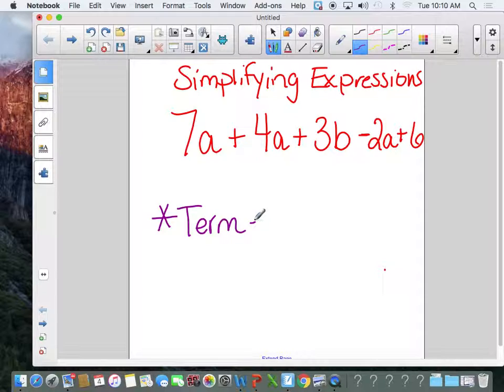Who can tell me what I just said a term was? Luke? It has an addition sign or subtraction. Okay, something that has an addition sign or a subtraction sign. So we need to give that something more specification. What is that something that's separated by addition and subtraction? So look up at our problem. What is being separated by addition and subtraction, Grace?